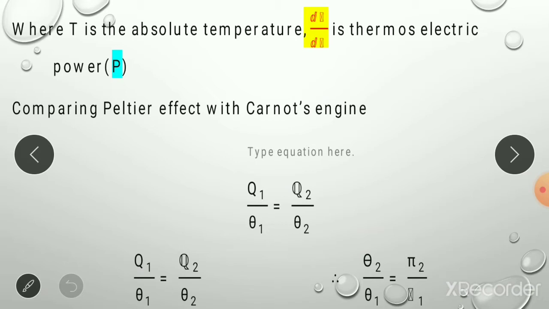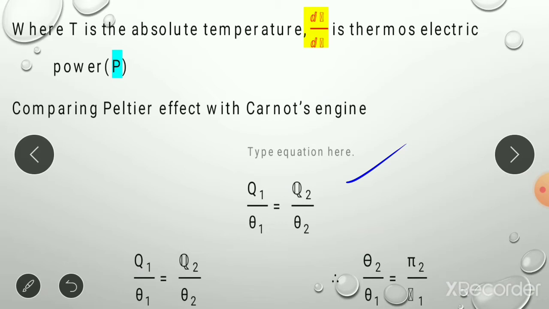Now comparing the Peltier effect with Carnot's heat engine. What is the Carnot heat engine expression? Q1 by theta 1 equals Q2 by theta 2, where Q1 and Q2 are the heat energy at source and sink, and theta 1 and theta 2 are the temperatures at source and sink. This is a very familiar equation.